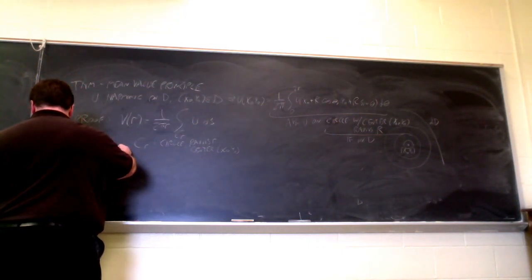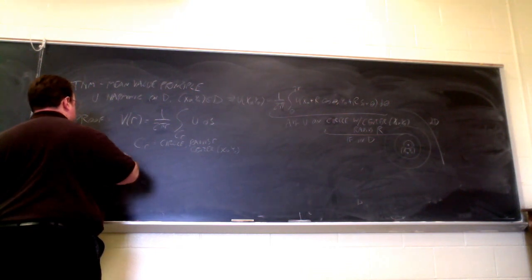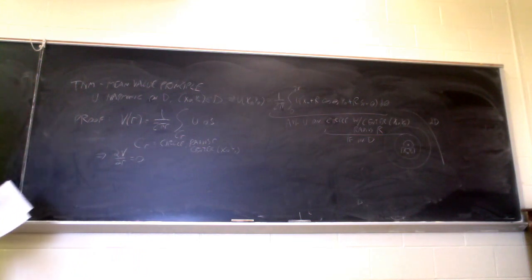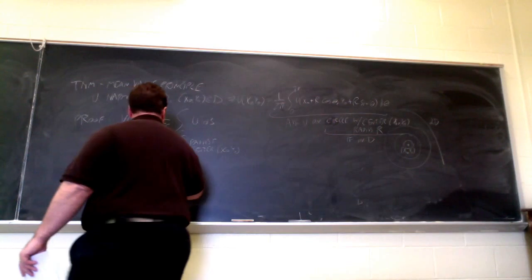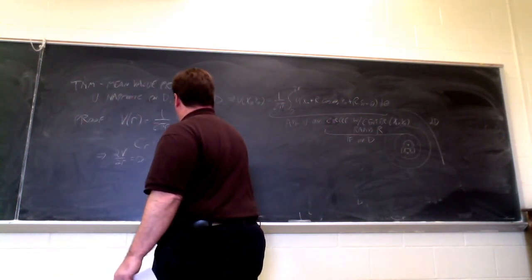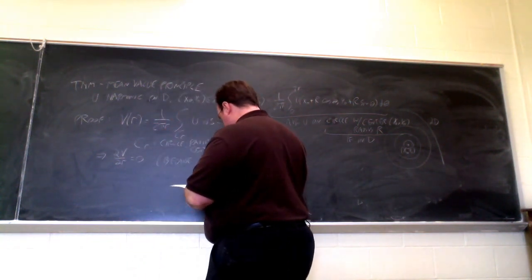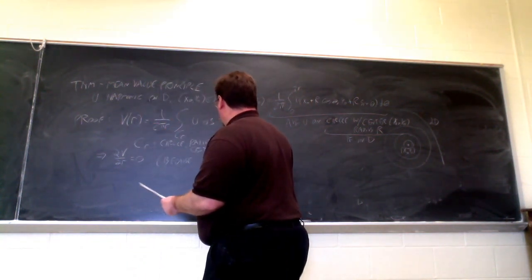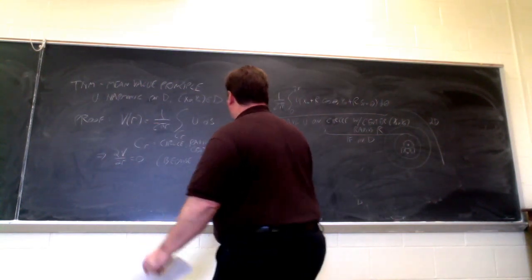And what you get is that this function actually does not depend on r at all. And the reason why is because the integral over the circle of the normal derivative of u has to be 0.